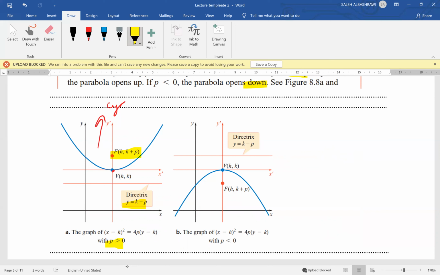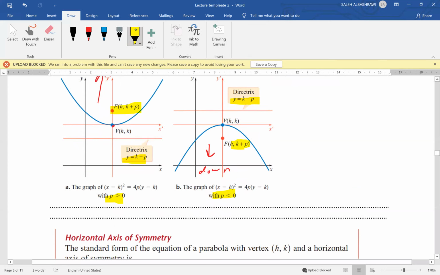Now, if p is less than 0, then it will be downward. The focus point is given by (h, k plus p), the same whether it is upward or downward. But in the second case, p is less than 0, and the directrix is y equals k minus p. We are taking the y coordinate of the vertex.